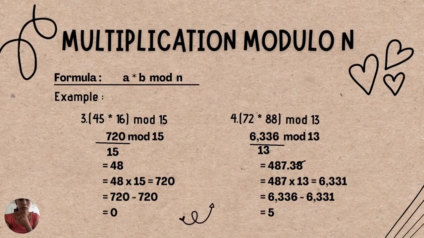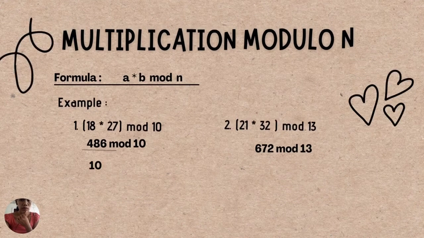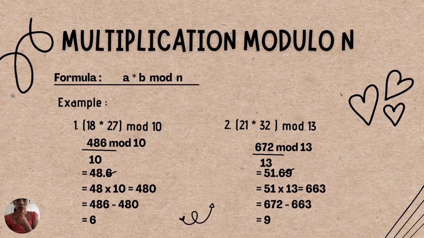So, in multiplication, we just need to follow the previous procedure. The formula for multiplication modulo n is a times b mod n. Then, just follow the previous procedure and we get the correct answer.